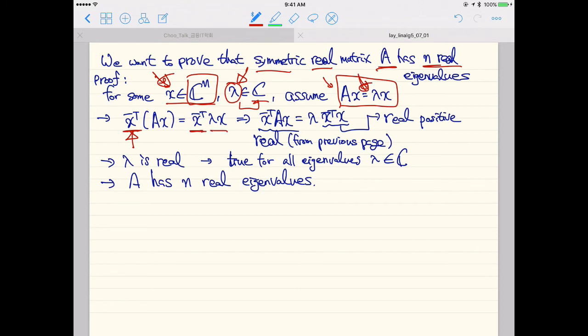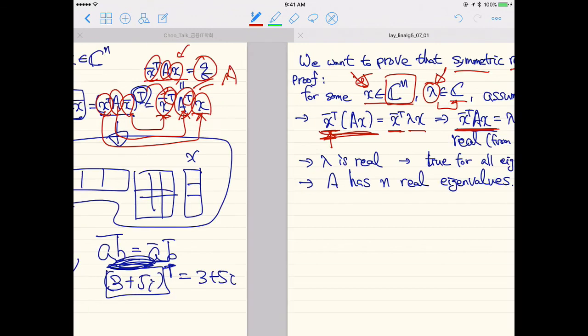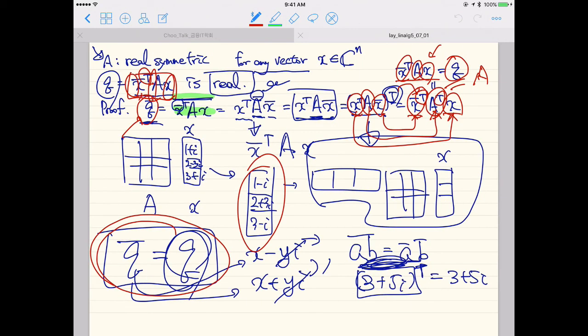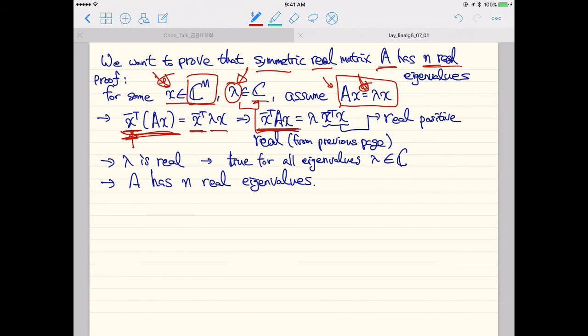From the previous page we learned, or we proved, that for any vector x which is complex, x conjugate transpose A times x will always be real. So that's what we proved here. So this part is real, I mean real valued.